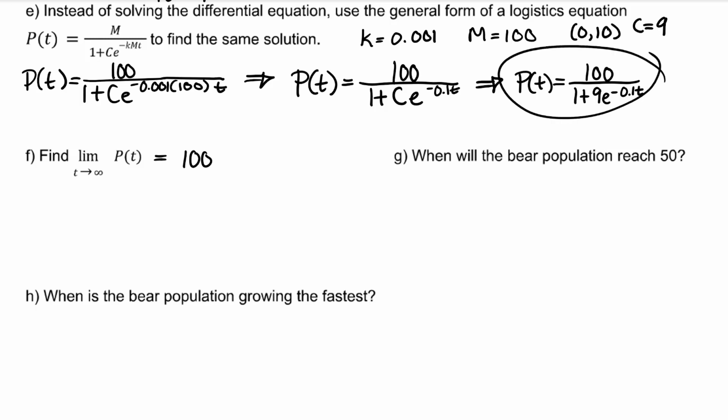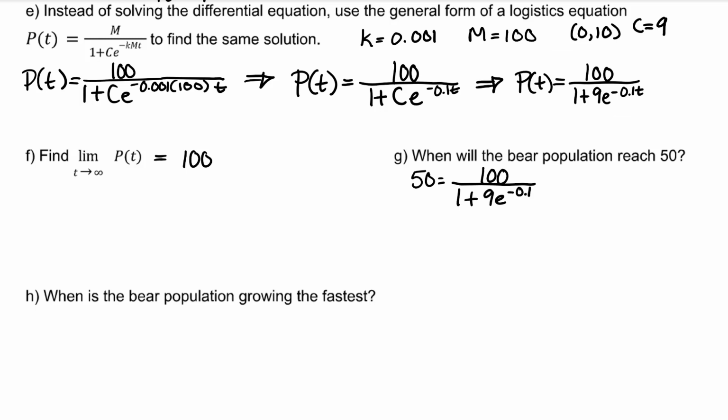When will the bear population reach 50? To solve part G, we're going to take our particular solution and plug in 50 for the population and solve for t. First, I'll multiply both sides by this denominator, and then divide both sides by 50.